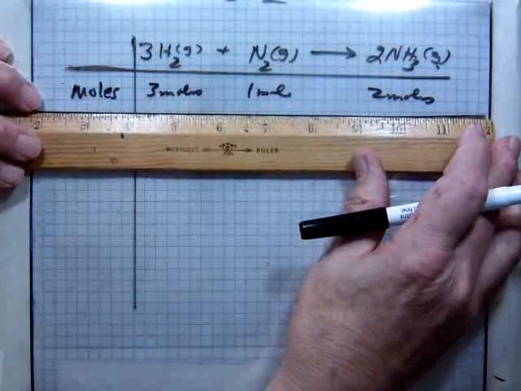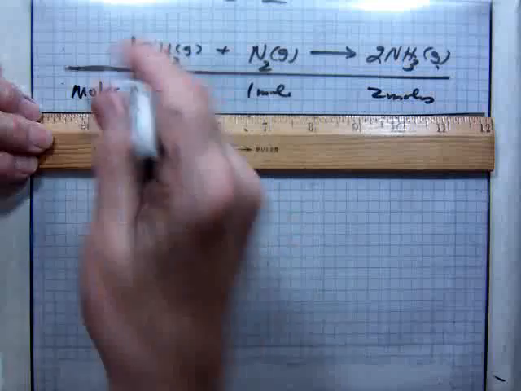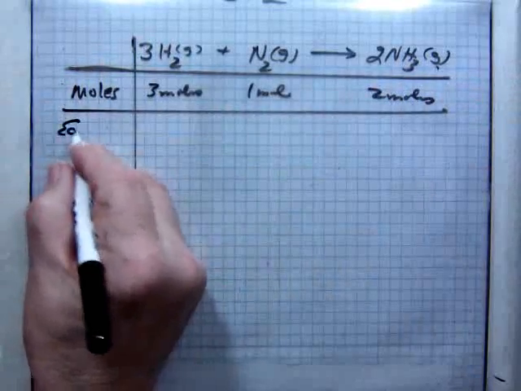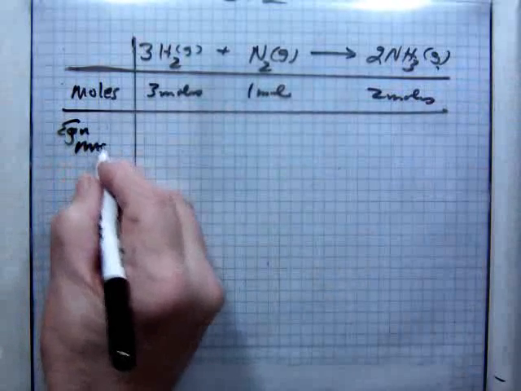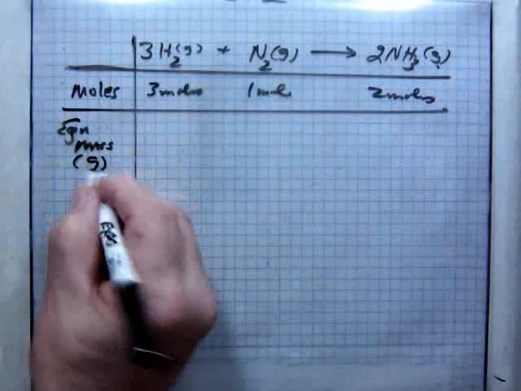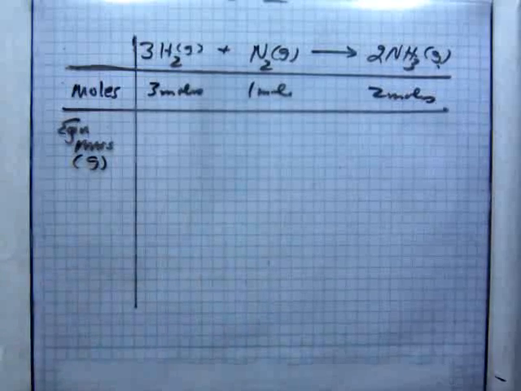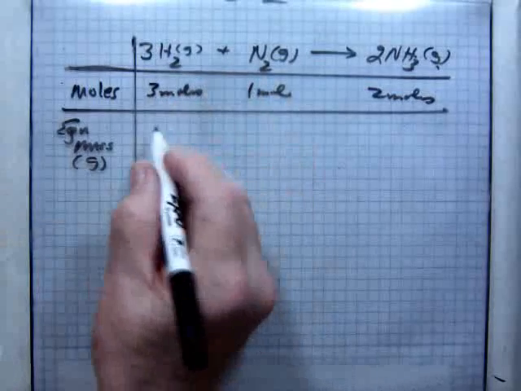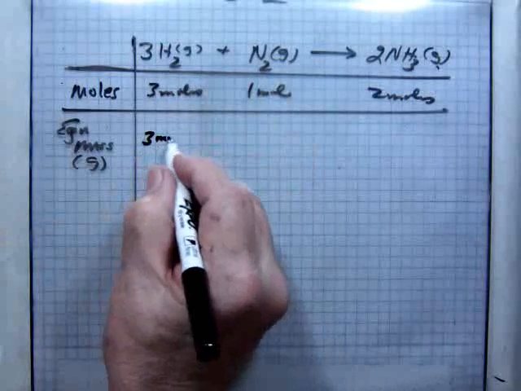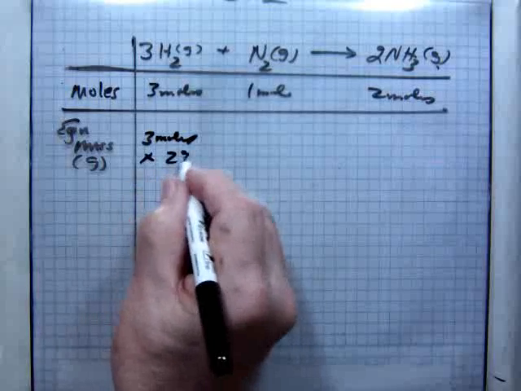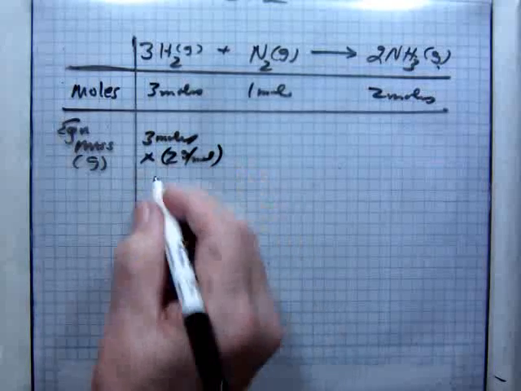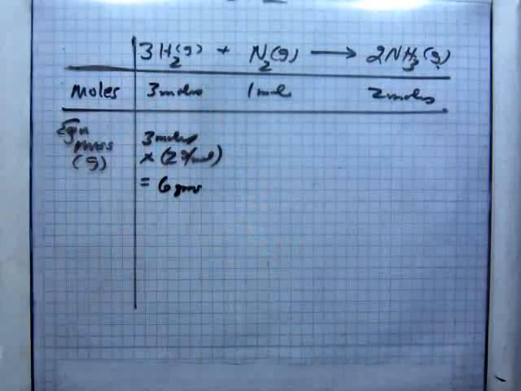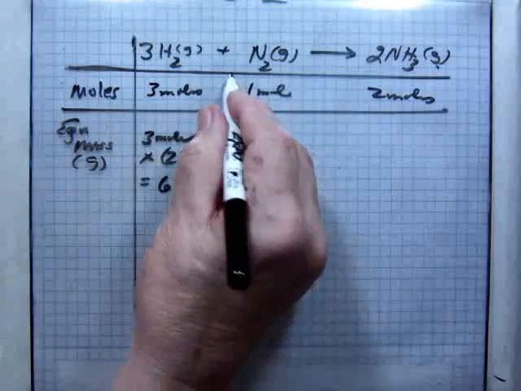Mass is a very important element in this. So how do you get mass out of this? This is called equation mass. And typically that's in grams, and it's the moles times the formula weight. So if I want the equation mass of hydrogen, I'd have 3 moles times 2 grams per mole, and that of course is equal to 6 grams would be the mass number for that particular one.